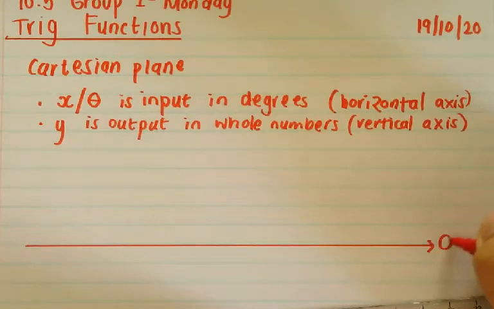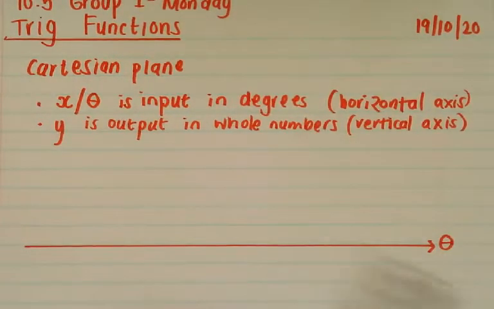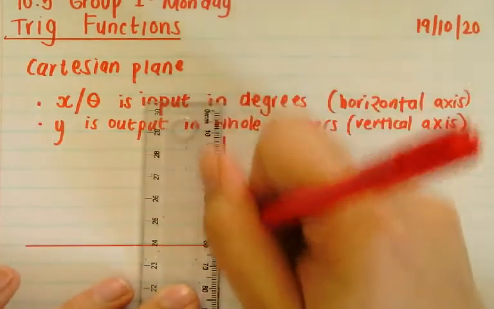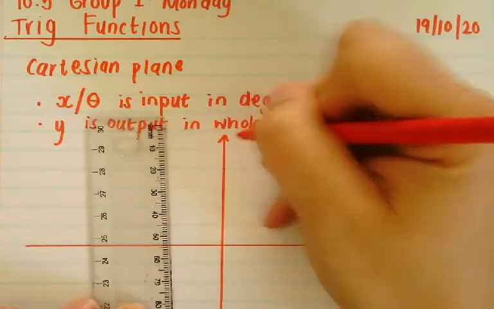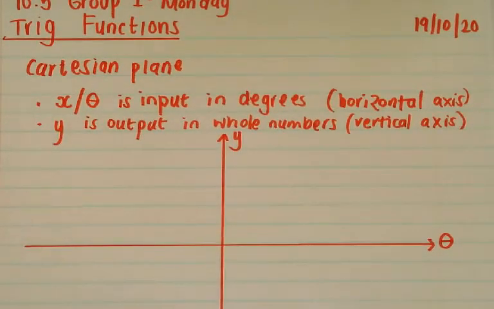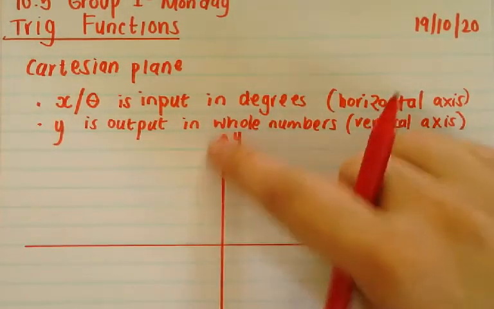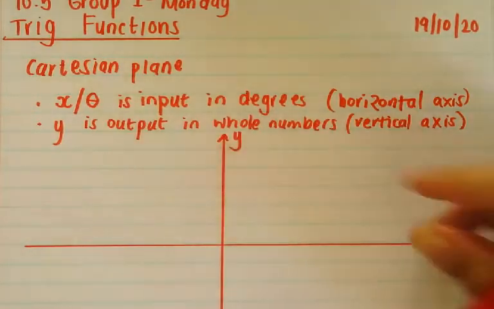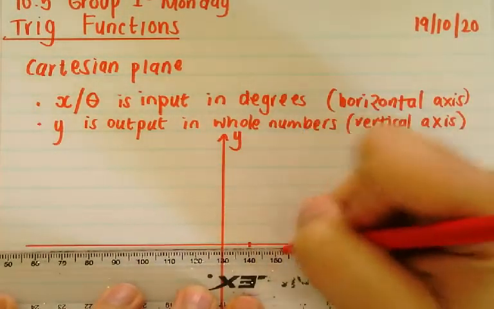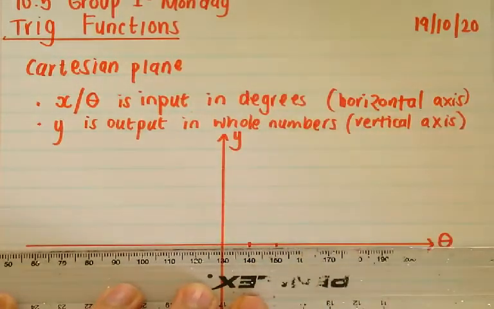For the sake of difference, I'm going to call it theta for my horizontal and still y for my vertical. We still meet at the origin of 0, 0, so it would be 0 degrees with 0 y. Same spaces, measuring 1 centimeter.